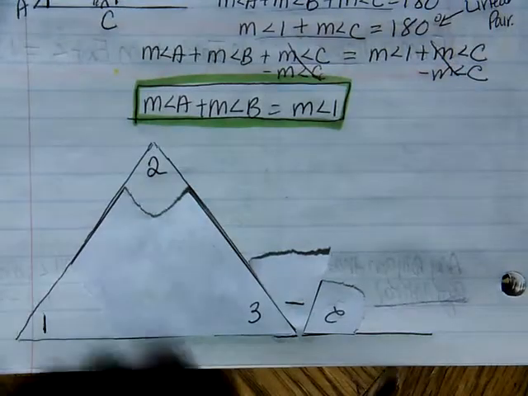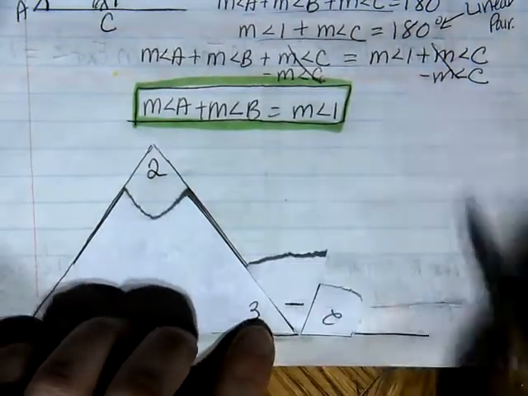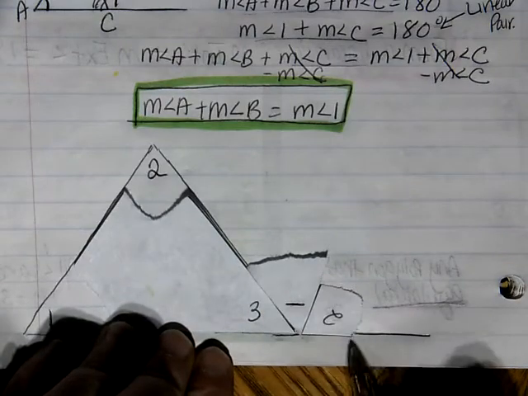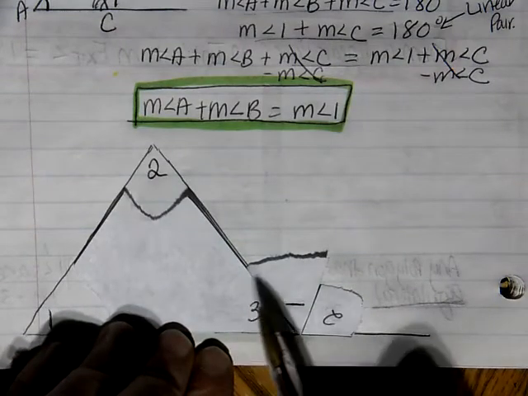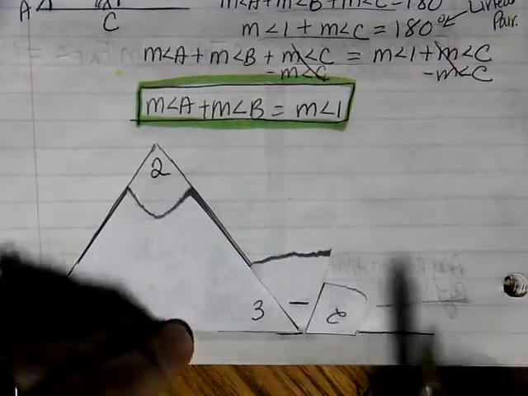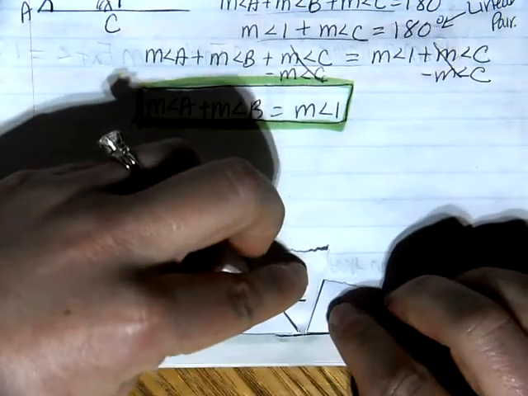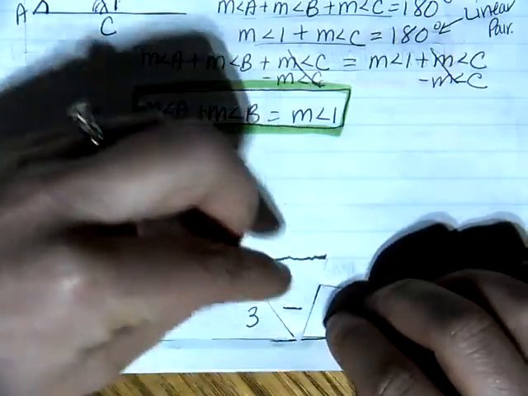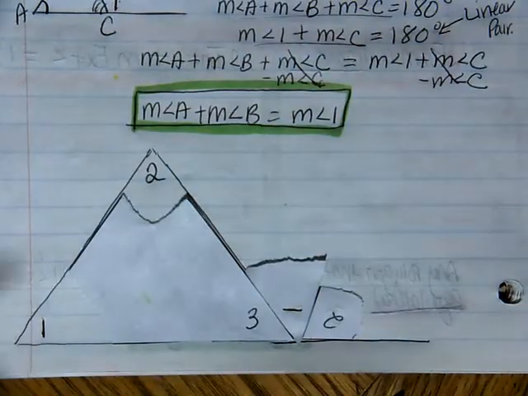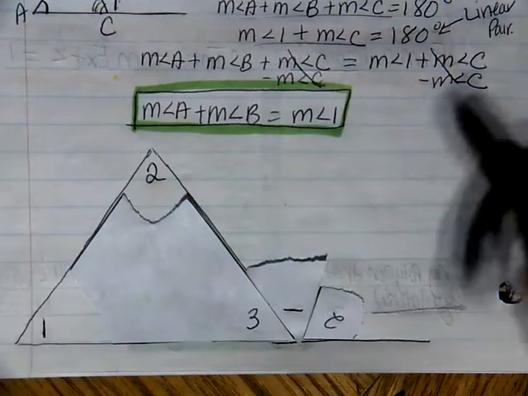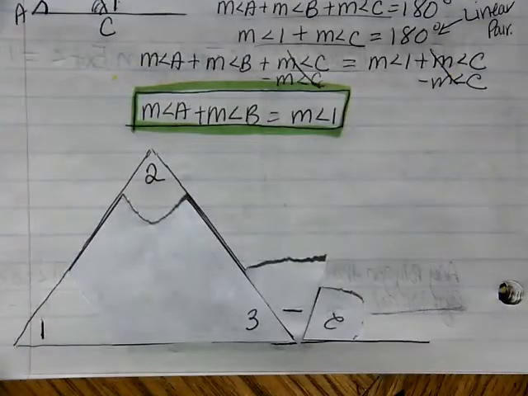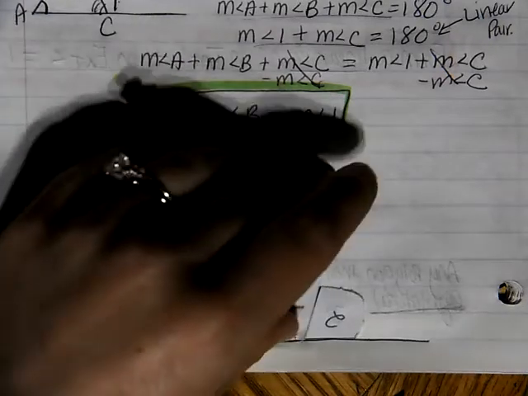And what you're going to see is that collectively, angle 2, angle 1, and angle 3, when you add them all together, end up equaling 180 degrees. And angle 1 and angle 2 will match up perfectly in that exterior angle position. And that shows that angle 1 plus angle 2, when added together, will equal the exterior angle.